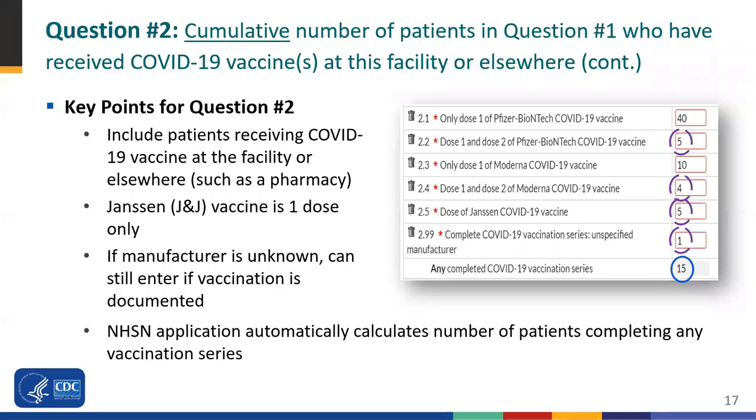After a facility enters data for question 2, NHSN automatically calculates the number of patients who have completed their vaccinations and are fully vaccinated. In the example on this slide, we see that 5 individuals received both dose 1 and dose 2 of the Pfizer vaccine, while 4 individuals received both doses of the Moderna vaccine.